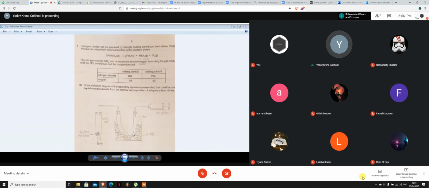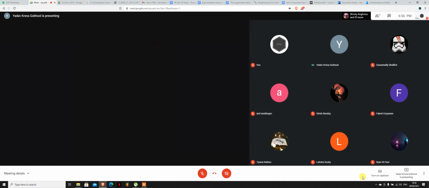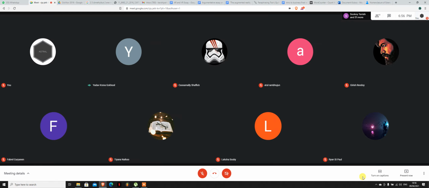Only the nitrogen dioxide is going to be converted into liquid. So just add those small ideas. They will be very helpful.